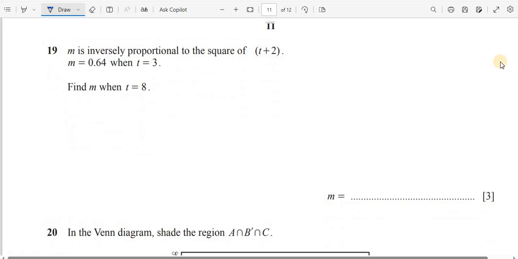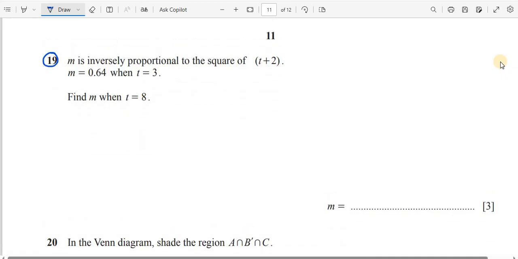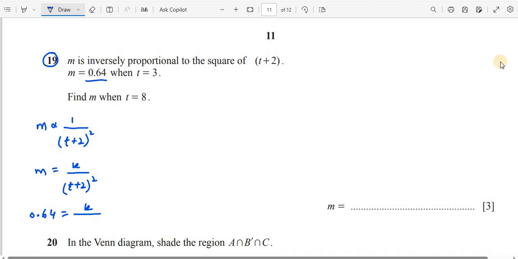Question number 19. M is inversely proportional to the square of t plus 2. Using the inversely proportional method, M is proportional to 1 over t plus 2 squared. So M is equal to k over t plus 2 squared, and M is equal to 0.64 when t is 3.